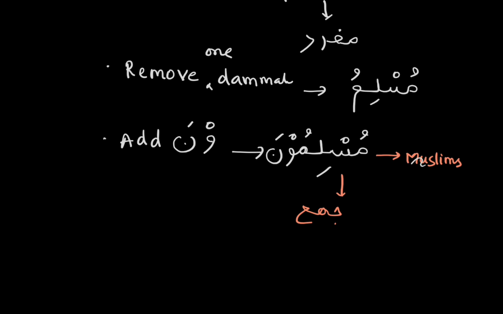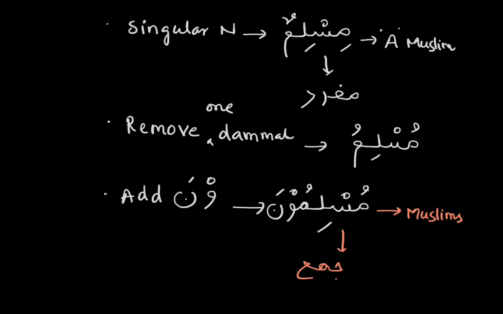Muslimuna means Muslims, and it is the jam' or plural form of Muslimun. Muslimun is singular and Muslimuna is plural. So how to make this? From Muslimun, you can see there is tanween at the end. So remove one dhamma, it becomes Muslimu. Later on add waw noon at the end, that is Muslimuna, which is the plural form of Muslim.